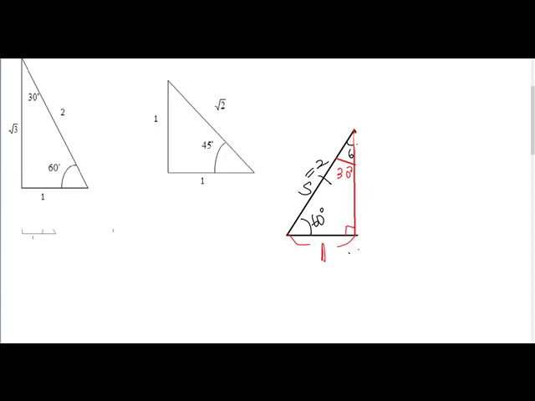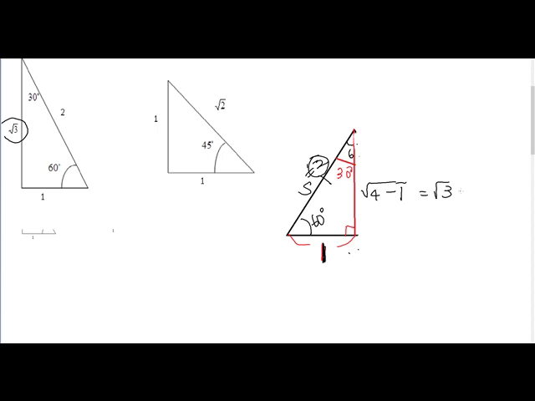So I have a hypotenuse of length 2 and a horizontal leg of 1. Then this length right here, by the Pythagorean theorem, is the square root of hypotenuse squared minus horizontal leg squared, which is the square root of 3.